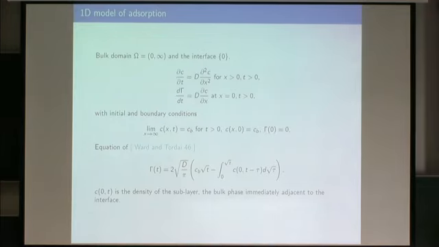In the seminal paper by Ward and Tordai, they derived an equation for calculating the interfacial surfactant density as a function of Cb and this density here, which is often called the density of the sublayer. It is the bulk phase immediately adjacent to the interface, or you can think of it as the trace of C on the interface.